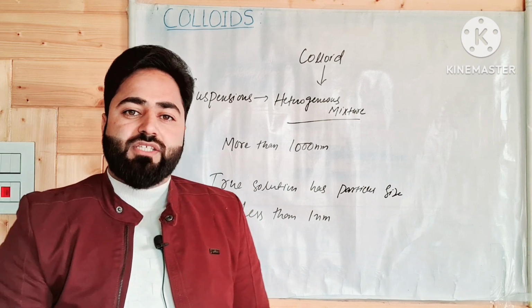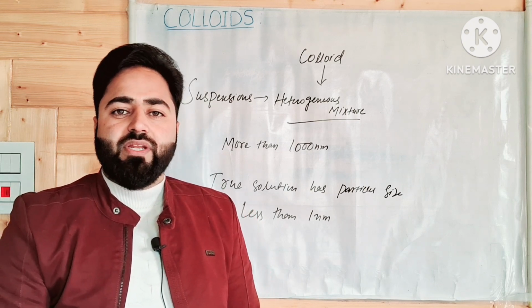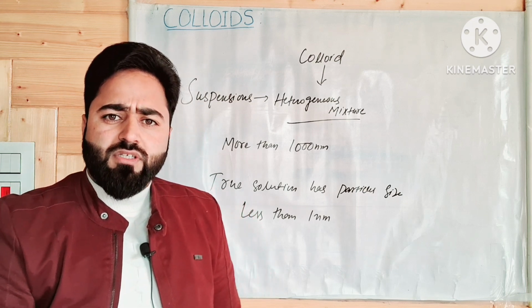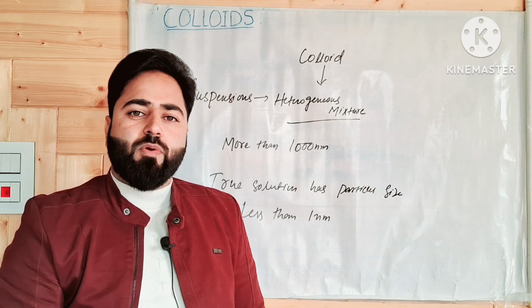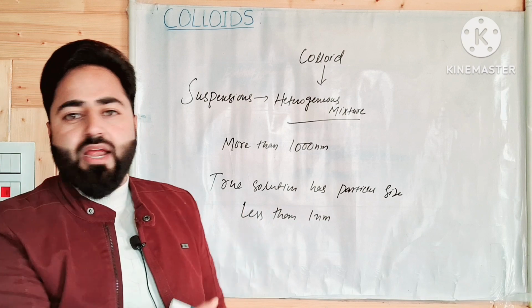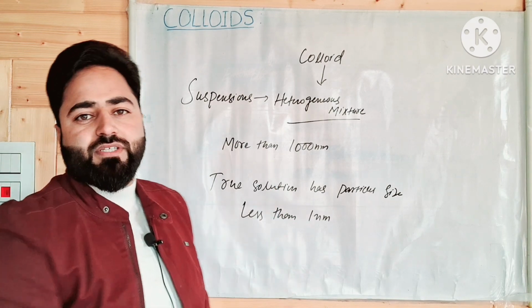As I already told you, a colloidal solution has a particle size which is intermediate between a suspension and a true solution. That is, the size of solute particles of a colloid is bigger than a true solution and smaller than a suspension.